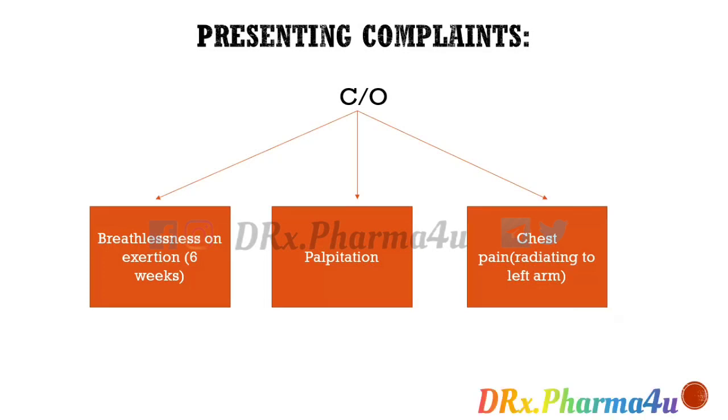Sometimes some of our elders experience some kind of heartburn or maybe some kind of pain in the jaws or maybe some kind of pain in the left arm. And they think that it is because of acidity and they start taking antacids. They take either a proton pump inhibitor or an antacid.